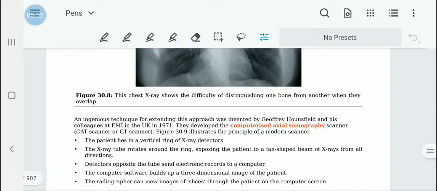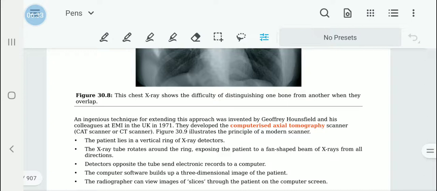placed in a vertical ring of X-ray detectors is scanned while the X-ray tube rotates. This results in a fan-shaped beam of X-rays from all directions, which is detected by the opposite detectors and sent to a computer.